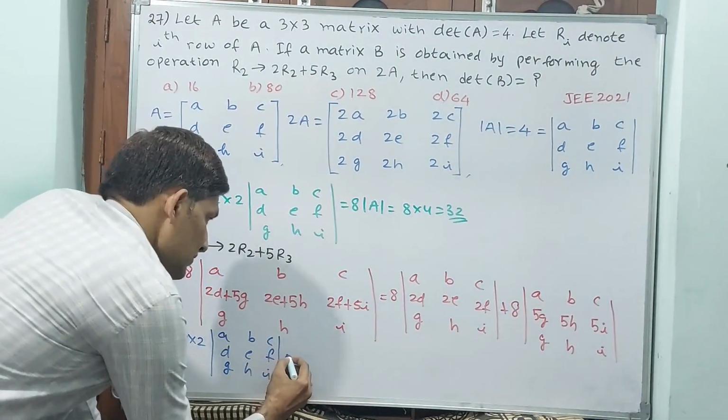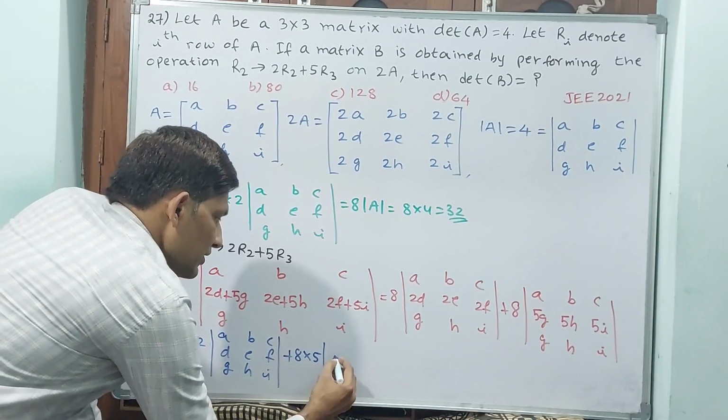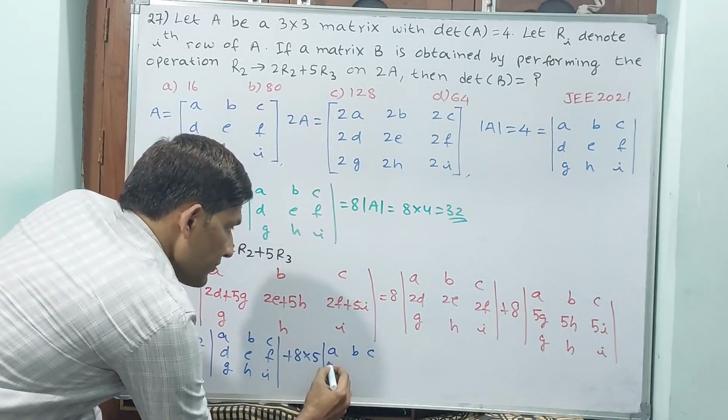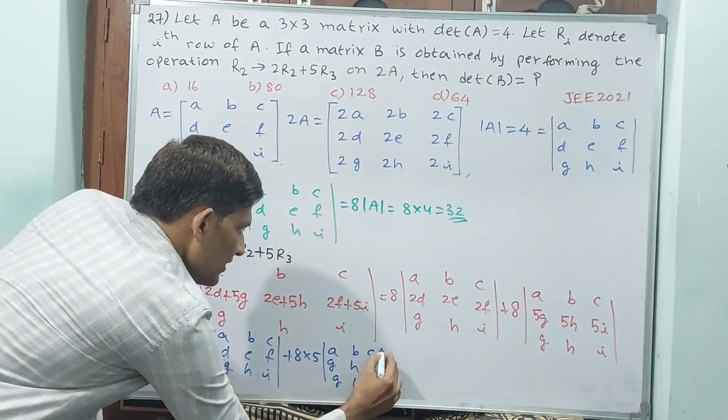Plus 8 times 5 times the determinant with rows A, B, C, G, H, I, G, H, I.